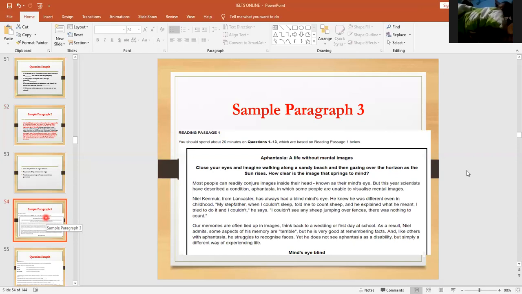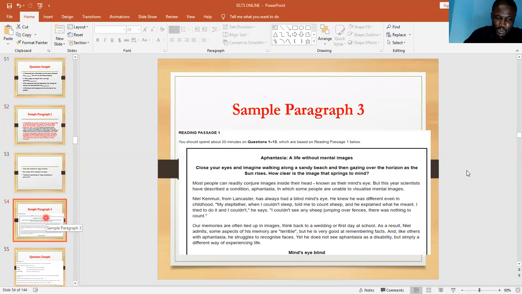Okay, the topic is alphantasia, a life without mental images. He said, close your eyes and imagine walking along a sandy beach and then gazing over the horizon as the sun rises. How clear is the image that springs to mind?